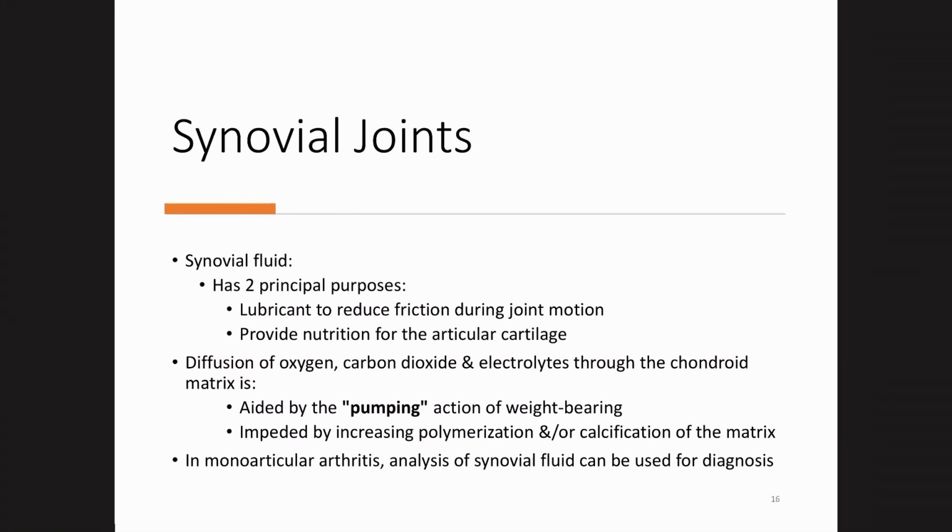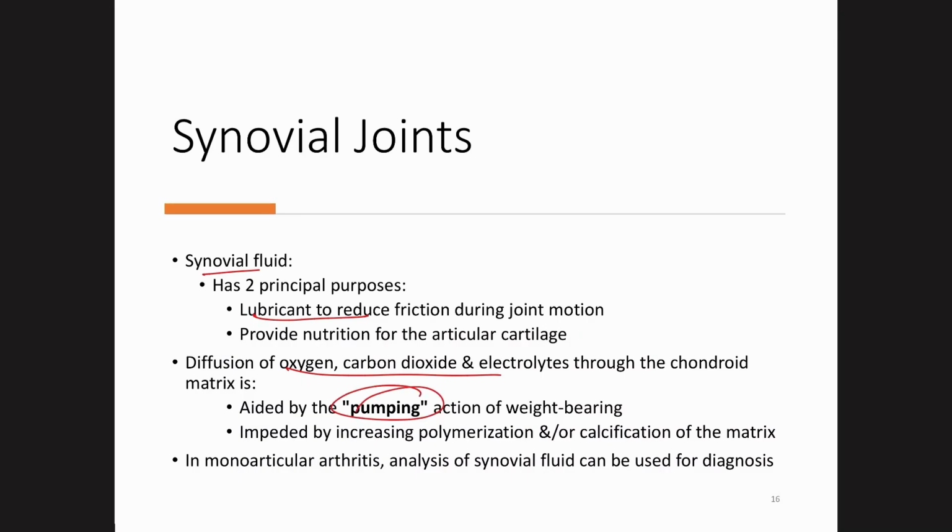So the synovial fluid has two main purposes: lubrication to reduce friction, and nutrition for the articular cartilage. It's got fluid right there, got nutrients, it'll help keep that articular cartilage healthy. Diffusion of oxygen, carbon dioxide, and electrolytes through the chondroid matrix is aided by the pumping action of weight bearing.